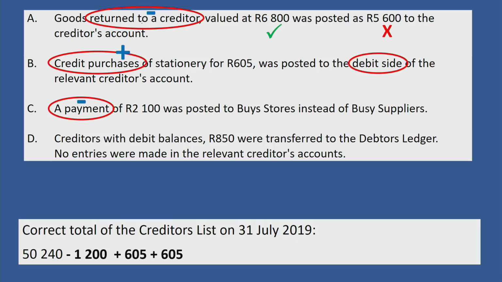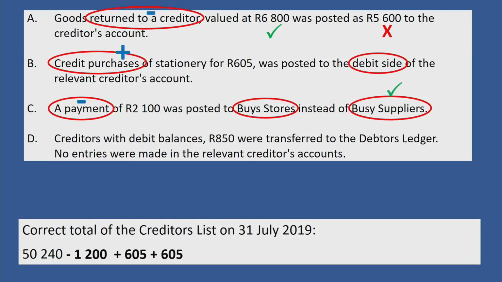Now you read further. Of 2,100 was posted to Bothe Stores instead of Busy Suppliers. I've got 2 creditors, their names are similar. The one is Bothe Stores, the other one is Busy Suppliers. Which is the correct one?